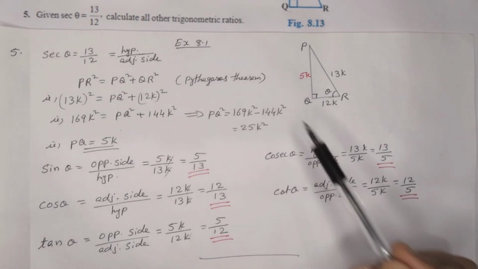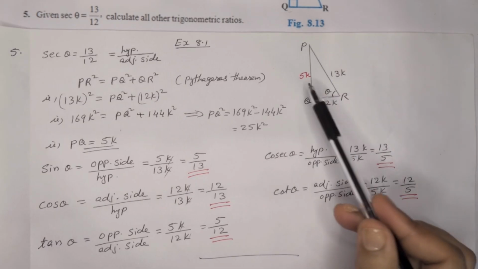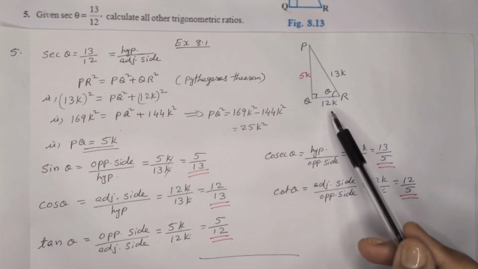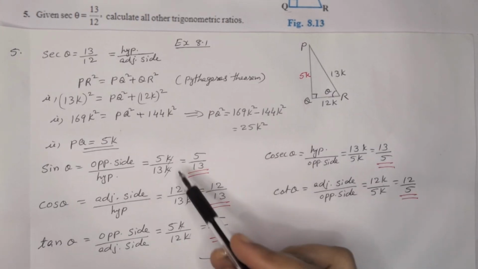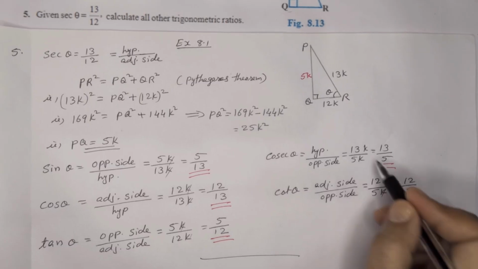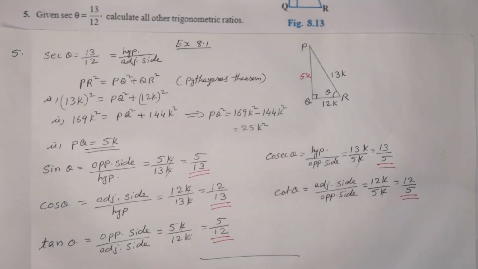Then sec is given. Cosec means hypotenuse by opposite side, 13 by 5. And cot means adjacent by opposite, 12 by 5. Constant k we can cancel. When we are writing the ratio, we write only the numbers.